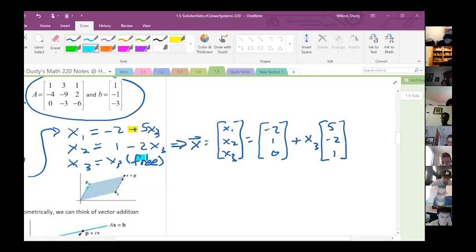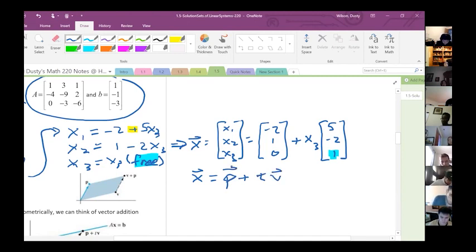Again, the free variable will line up with a 1. So you could write this, if you will, as x equals p plus t v.